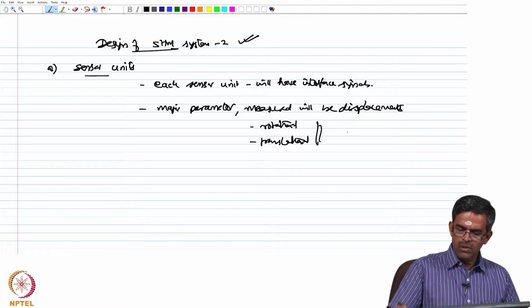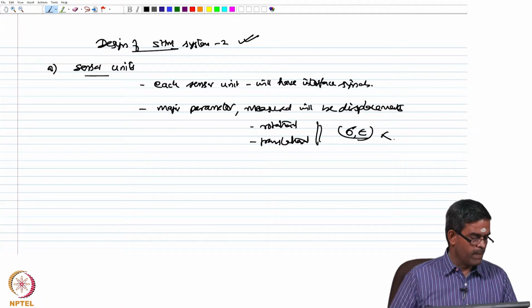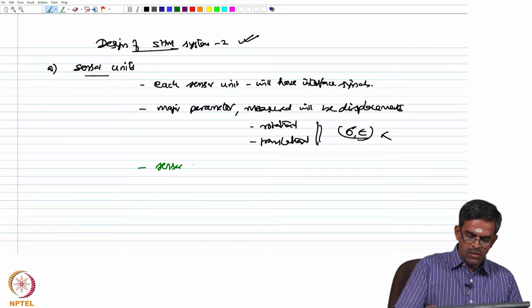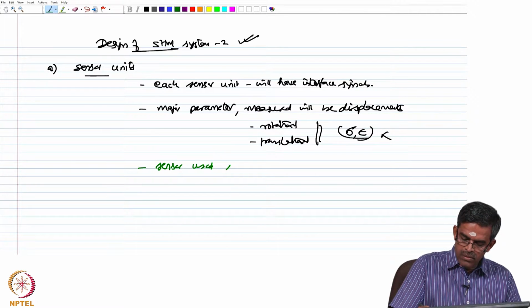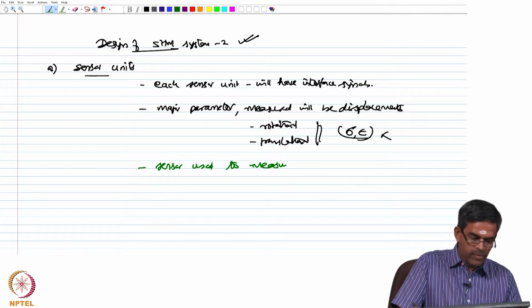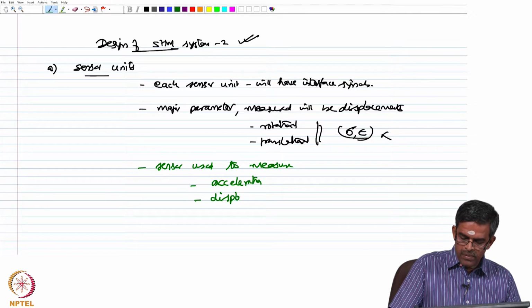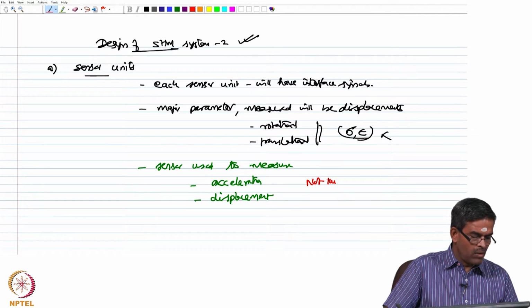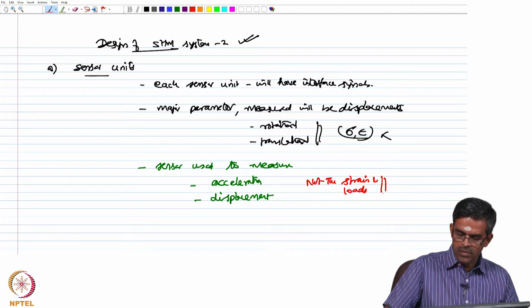We are not talking about the stress and strain measurements here. Therefore, the sensor used or recommended in SHM system 2 will be to measure acceleration and displacement, definitely not the strain and the loads.